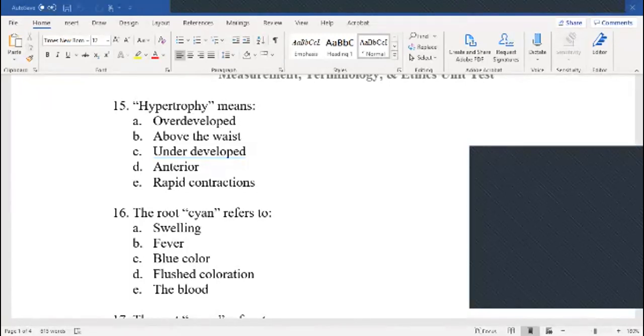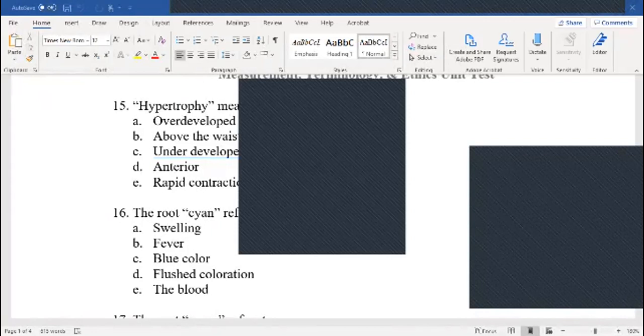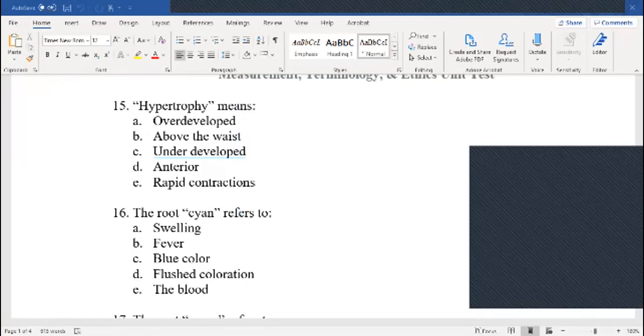All right, Kiara, write it in the chat if you can't talk. 16, the root cyan means what? C, blue color, good. Blue color.